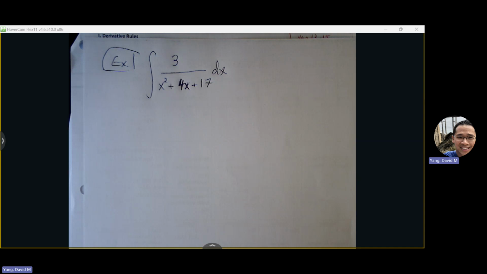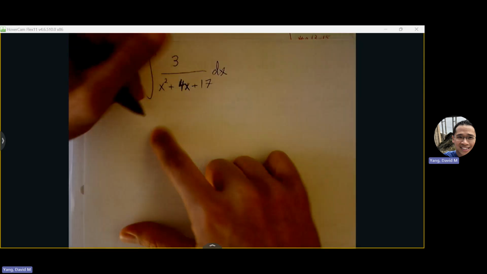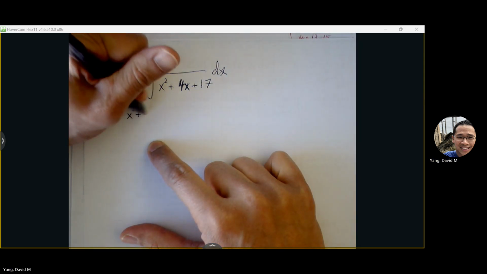Right. How do you know this is an arc trig problem and not a normal U substitution problem? Yeah, the difference in degrees. Degree 2 versus degree 0. That's a large enough gap for us to have to explore arc trig. Trinomial, so you know you got to complete the square.